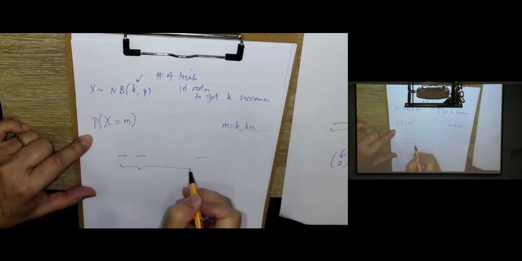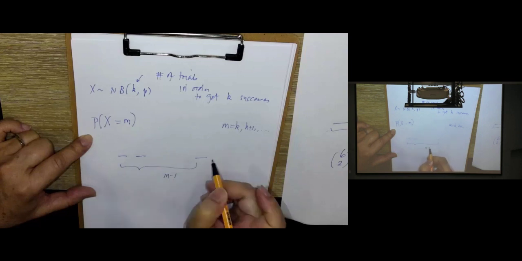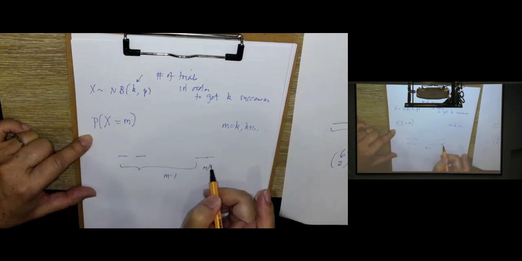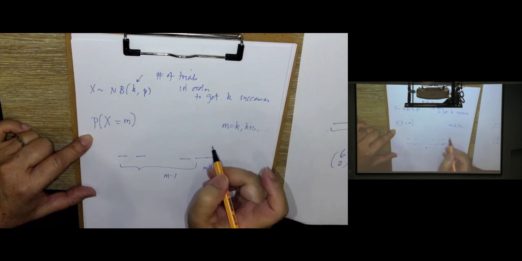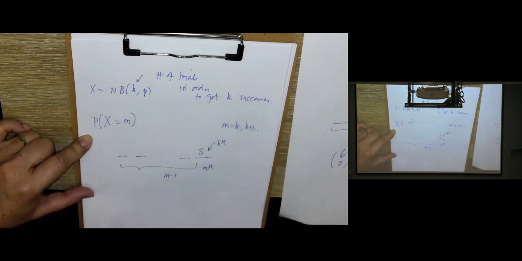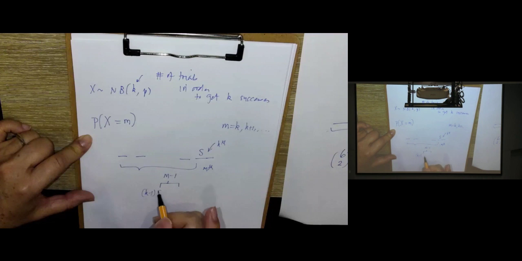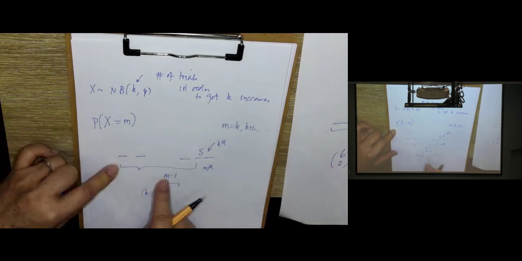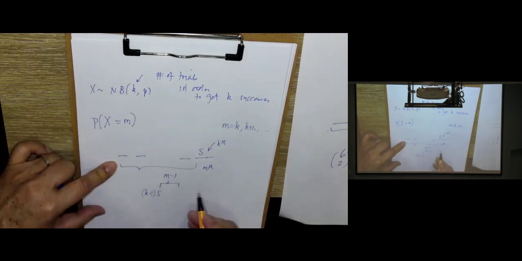So this is altogether m trials, and this is the mth one, and this success is the kth one. So here it means that you will have k minus 1 successes, and then you count how many failures.